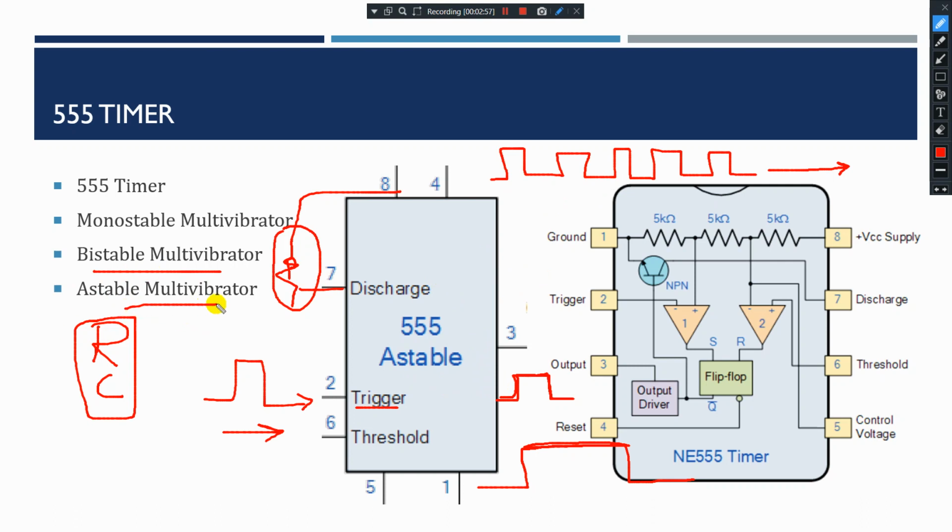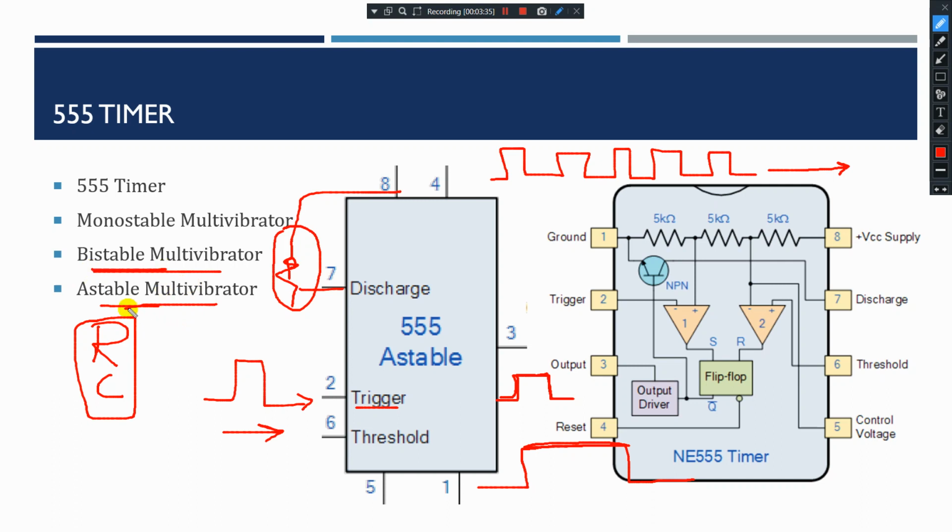Your astable is almost similar to bistable. The only difference between your bistable and astable is that bistable produces a flip-flop output, that is on, off, on, off, on and off. But when it comes to astable multivibrators, it produces very stable oscillations, which usually generate high accuracy free running waveforms. We usually call it a frequency output.